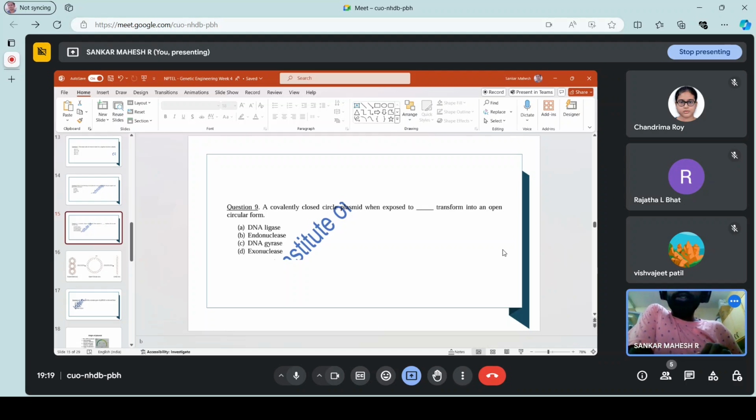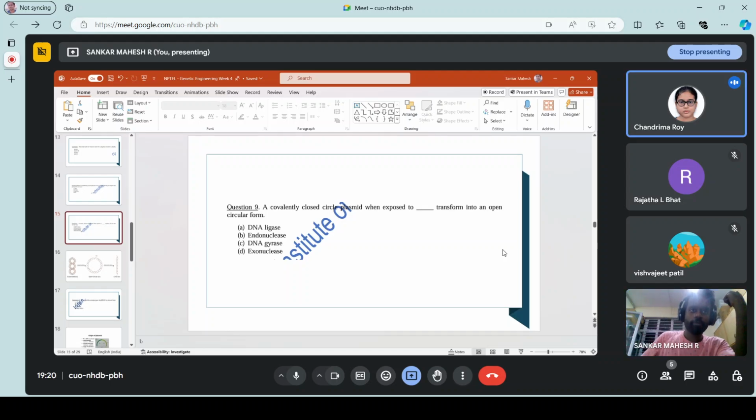The phosphodiester bond between them has been broken. So what will break the phosphodiester bond? Would it be an exonuclease or an endonuclease? It will be an endonuclease. Right, so that is what we wanted to discuss in this question.